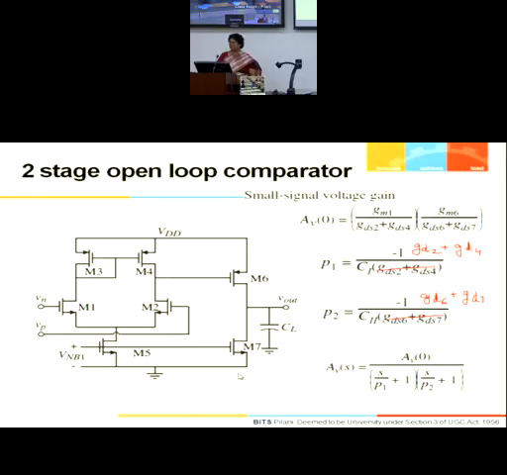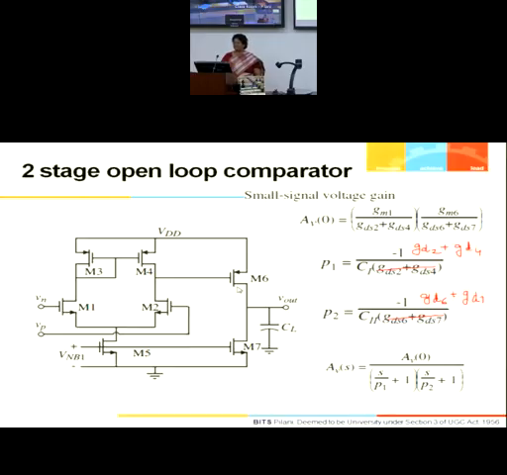In a normal situation, what is our slewing current through CL? It would be the difference of M6 and M7, because both are conducting. So either for charging it would be M6 minus M7, or for discharging it would be M7 minus M6, in linear operation where both the transistors are conducting.